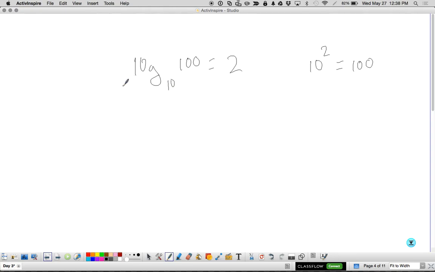So if I do what's called the anti-log, which is really just raising 10 to the power on both sides, well, in this case, the base is 10. So I do 10 on both sides, okay? And 10 to the 2 is 100.